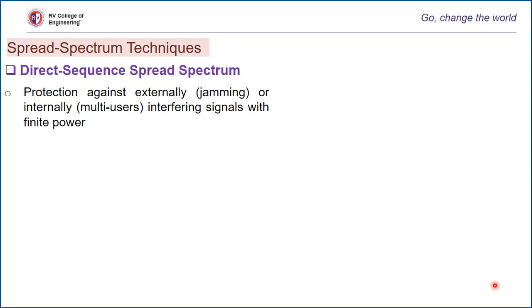The transmitted signal is thus enabled to propagate through the channel undetected by anyone who may be listening. We can think of spread spectrum as a method of camouflaging the information bearing signal.